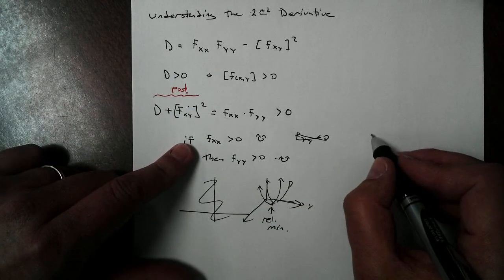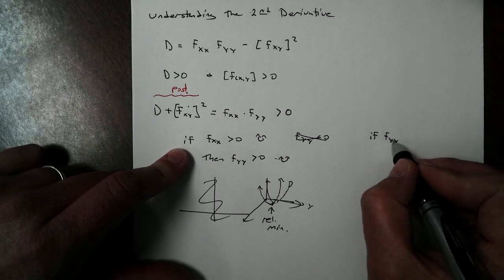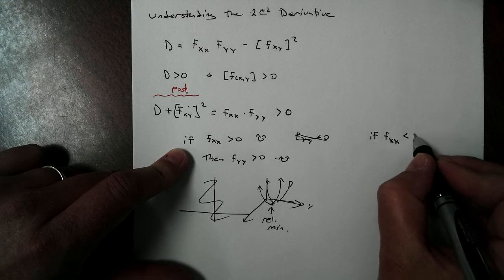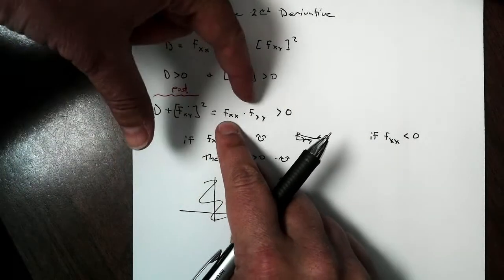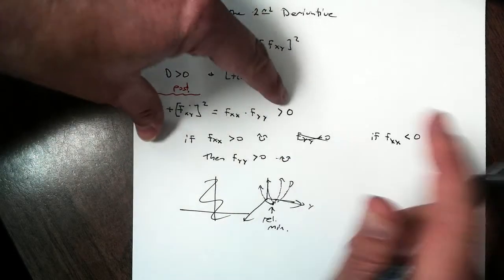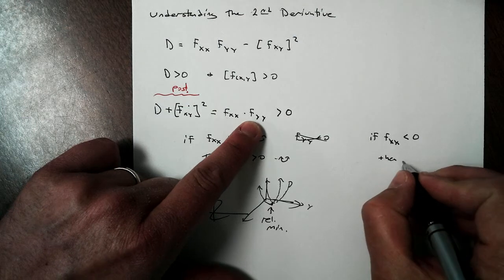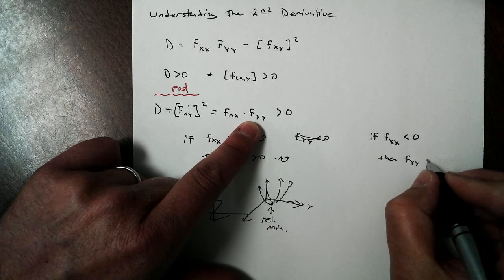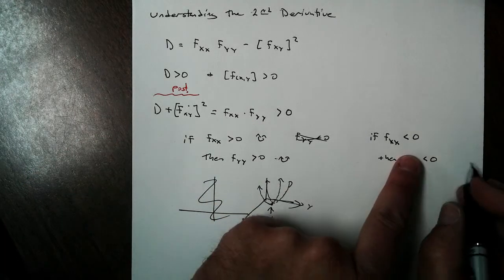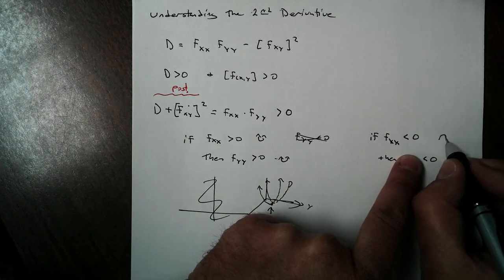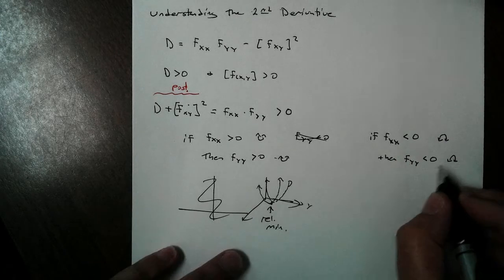Well, what about my other condition? What if the second partial of x is less than 0? Well, if this is less than 0, this is now negative times a positive. Well, that's not going to be greater than 0. So the only way this will still be a true statement is if the second partial with respect to y is also less than 0. So in this case, in the x direction, we're now concave down, and in the y direction, we're also concave down.